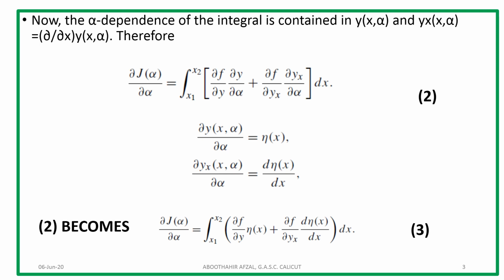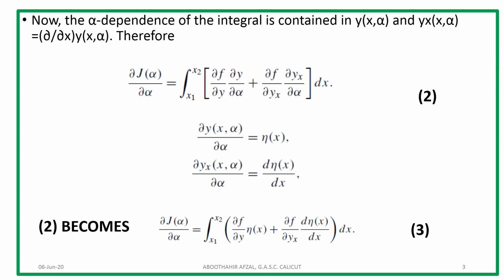The starting point is x1 and the end point is x2. Now we are going to find out the path of integration for which we get a minimum value for J. In other words, we are going to find an extremum path.